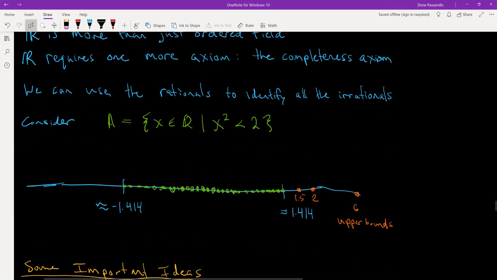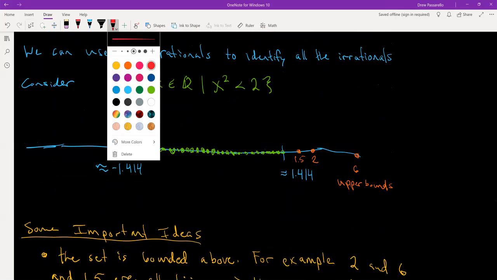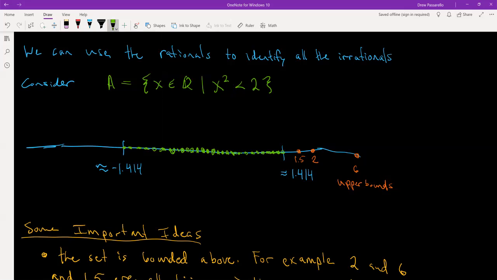As an example, let's consider the set A equals the set of X that are rational, such that X squared is less than 2. If you were to plot this on a number line, the green dots are the rational numbers X. So this is all of A, and each of these is a value X that lies in that set.